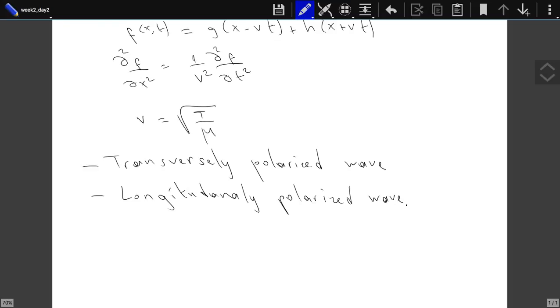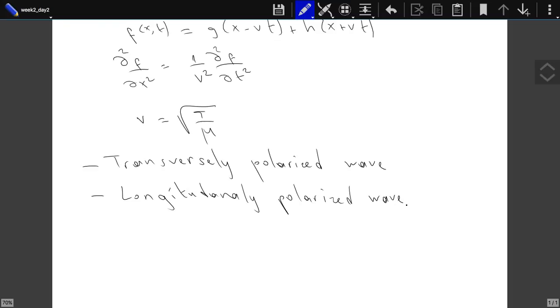Now, what we mean by a longitudinal polarization is, for example, sound waves are longitudinally polarized. You cannot create a transversely polarized sound wave, you can only create a longitudinally polarized sound wave. And what does it mean to be longitudinally polarized? If you think of what a sound wave is, there is something, a drum, let's say, that vibrates.